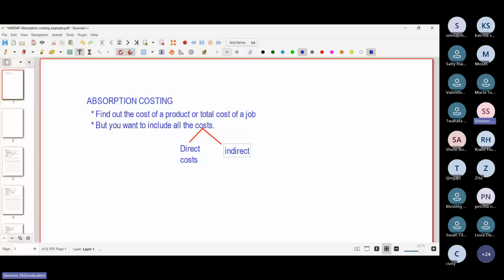So you want to find out how much is the cost of this product. But that cost, you want to include all your direct costs and all your indirect costs.